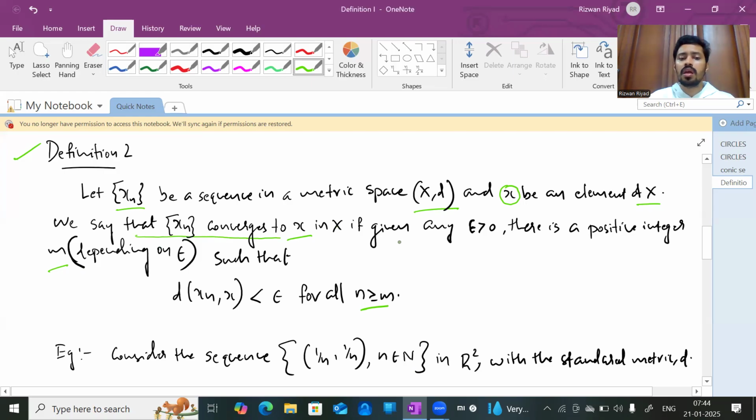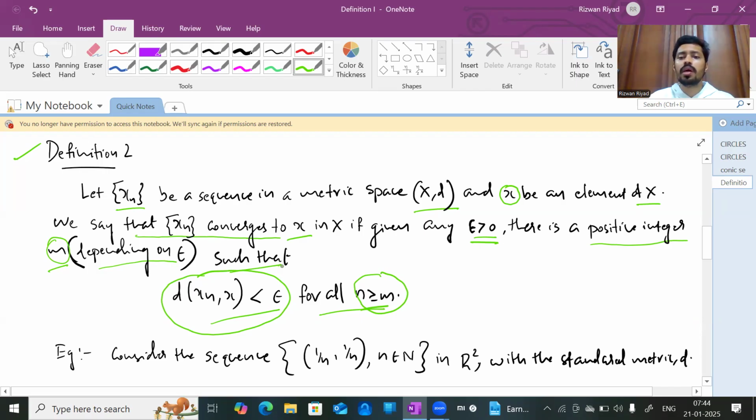We can say it if, given any epsilon greater than 0, you can find a positive integer m that will depend on that epsilon which you have taken, such that for all the natural numbers n greater than or equal to that m, the distance between that xn and x will be lesser than epsilon.